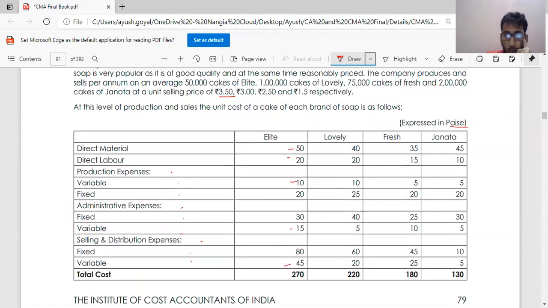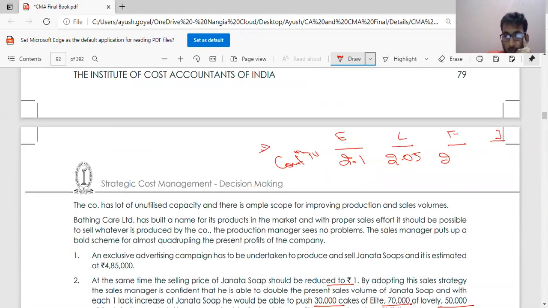For fresh, the variable cost adds up to 0.9, so it would be 2.6.